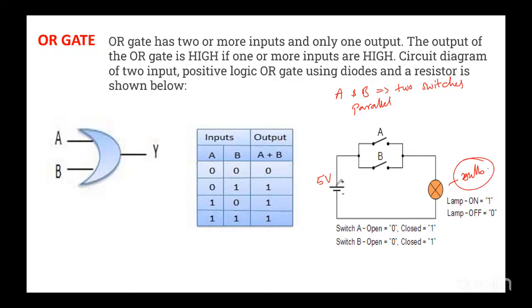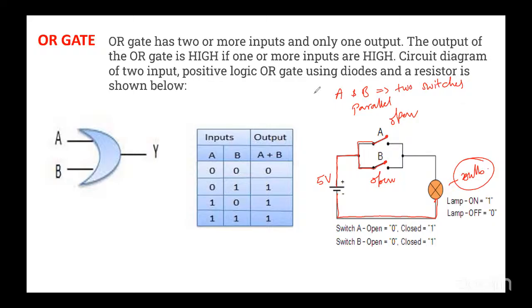The 5 volts DC supply is coming out, and A is open, and similarly B is also open. The negative terminal of the battery is connected to the lamp. Both cases are open, so there is no power reaching the bulb. In this condition, the bulb doesn't glow.